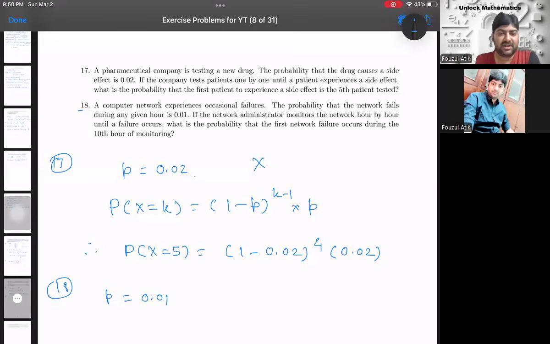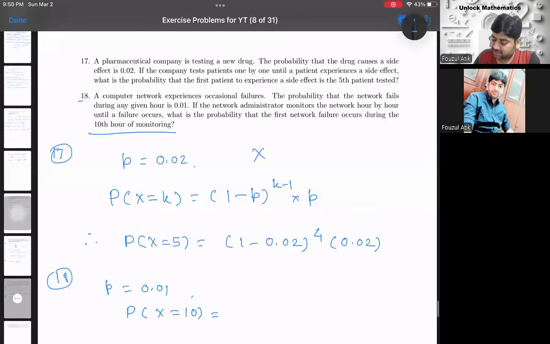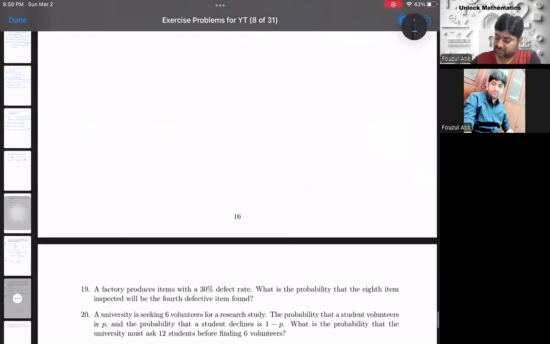So the question is the probability that the first network failure occurs during the 10th hour of monitoring. So here you have to get P of x equal to 10, where x follows the geometric distribution, and then it is 1 minus 0.01 whole to the power 9 into 0.01. This should be your answer. Okay, let me move to a few more questions.